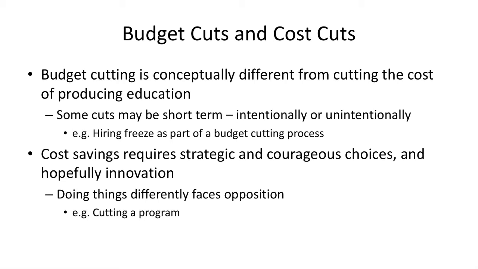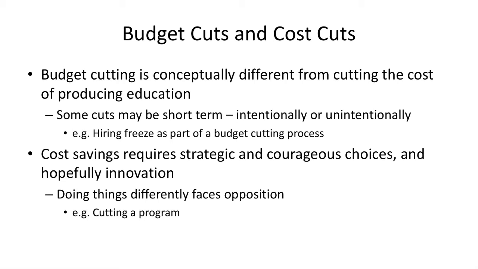Things like cutting an academic program are particularly difficult. Every place that I've been has struggled to cut academic programs. There are a number of reasons for that. One is that faculty members aren't like machines. You can't reprogram a faculty member to teach in a different area. Usually you've got to let the faculty member go if you cut a program.